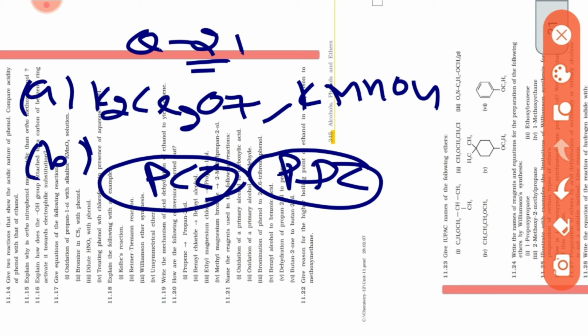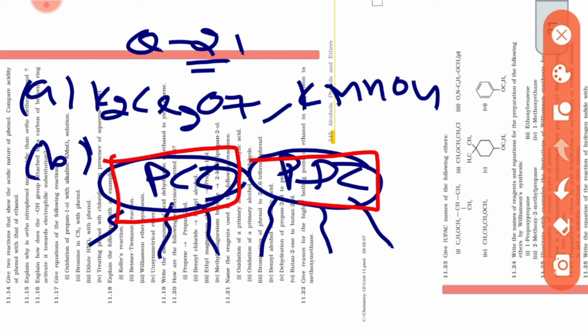PCC full form is pyridinium chlorochromate, and PDC is pyridinium dichromate. Is that clear to all? Just remember again, PCC and PDC are used so that the reaction will stop at the aldehyde, meaning carboxylic acid should not be formed.